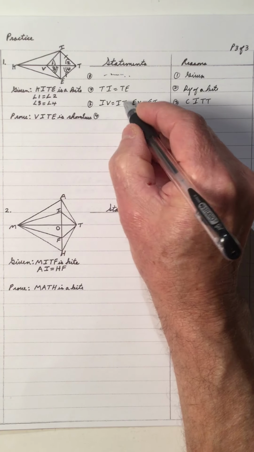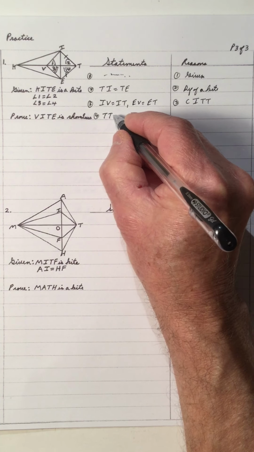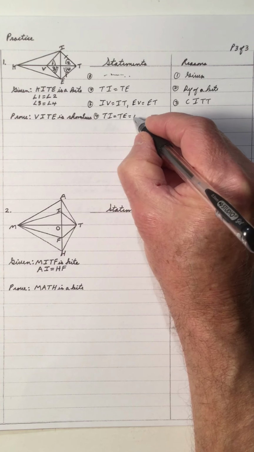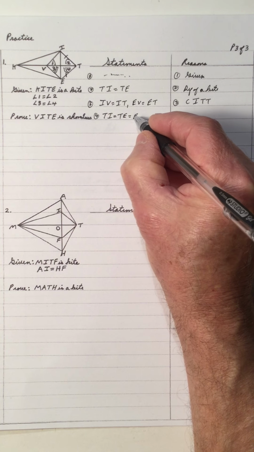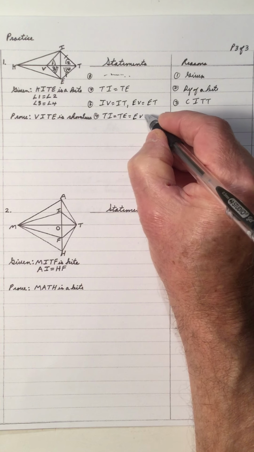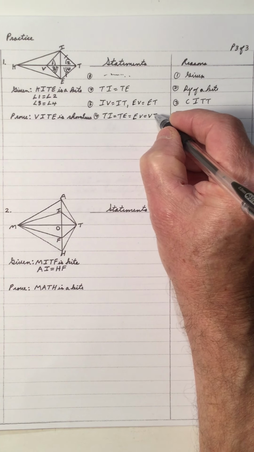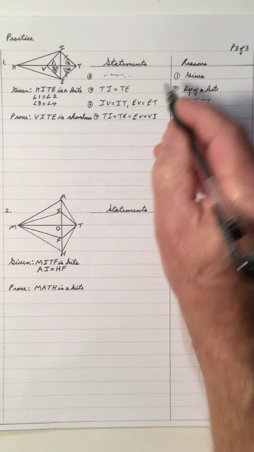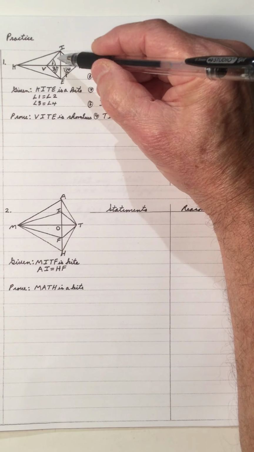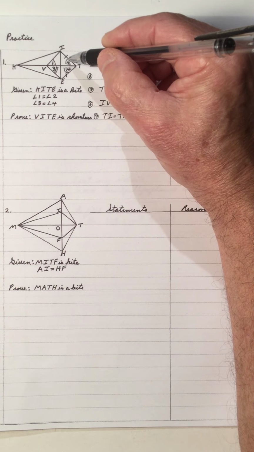So that means, if we put all of them together, TI is equal to TE, is equal to ET, equals EV and equals VI. So we have all the sides. Just check. We got VI, EV, TE, and TI.